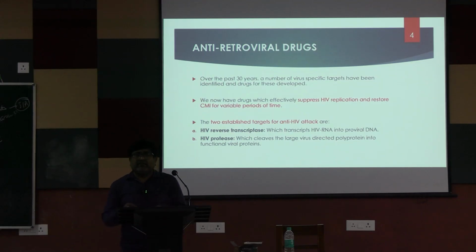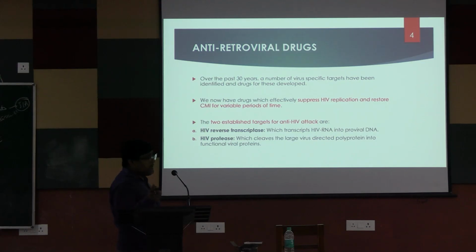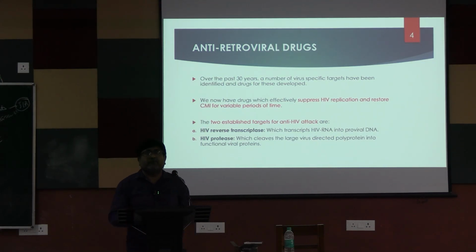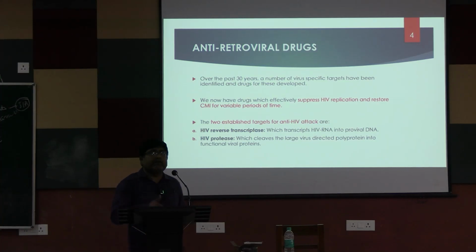Over the past 30 years, a lot of development has occurred in the treatment of HIV, and many drug targets have been developed so that we can decrease the replication of HIV and the reduction in CD4 plus count. The major targets are two. Number one, reverse transcriptase, and number two, protease.